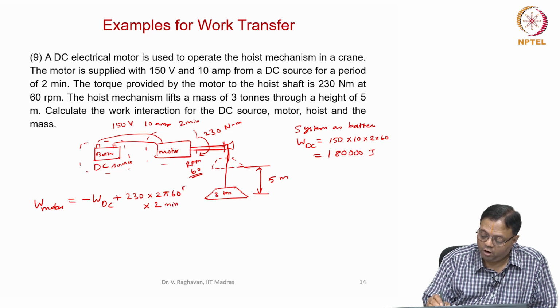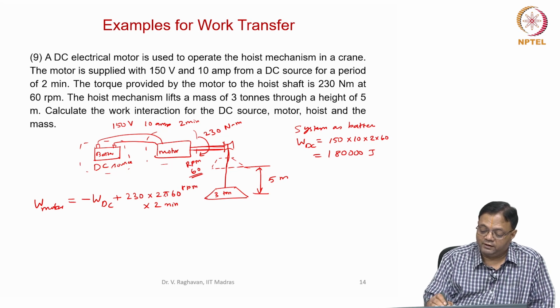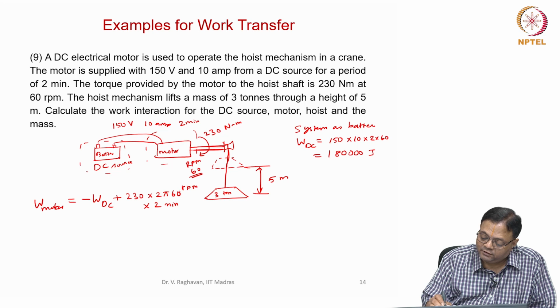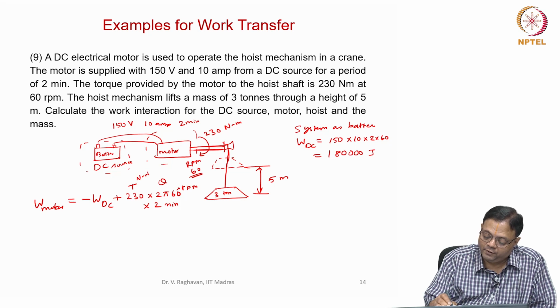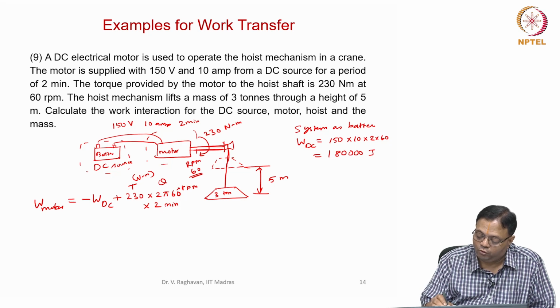Here 60 is RPM, rotations per minute. So 2 pi into 60 is the angle, total theta, and this is T in Newton meter. So T into theta. The total angle rotated is 2 pi 60 into 2 minutes, since it is turning for 2 minutes.